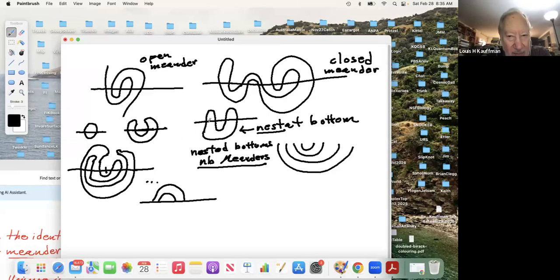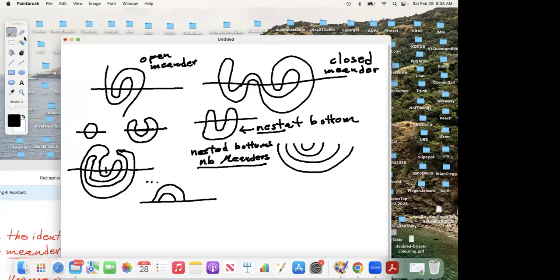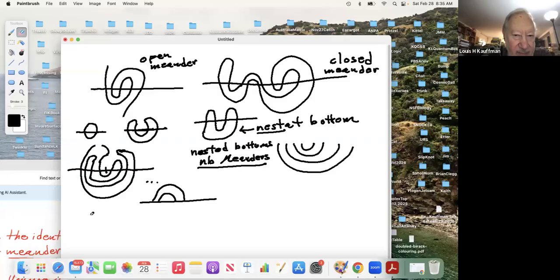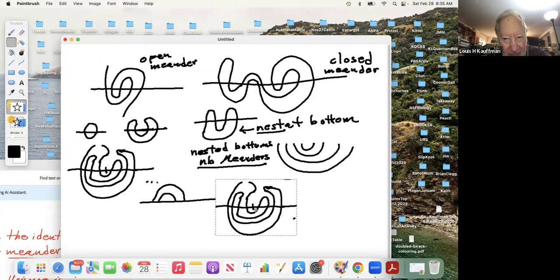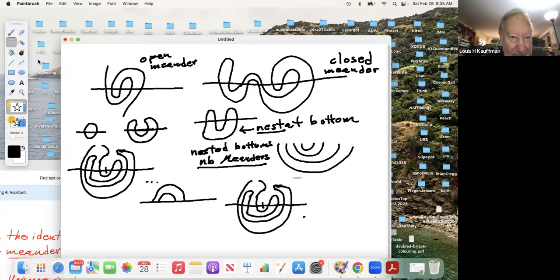I said that you take your meander, which is a nested meander, and you choose an arc that is available to the outer region, and you cut that arc. Let me do it one more time on a copy so that I don't disturb the example that I was already working on. There. Okay.